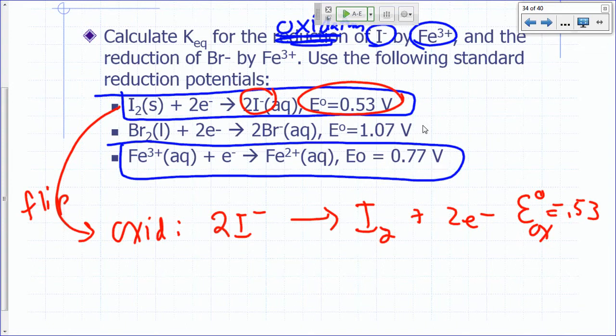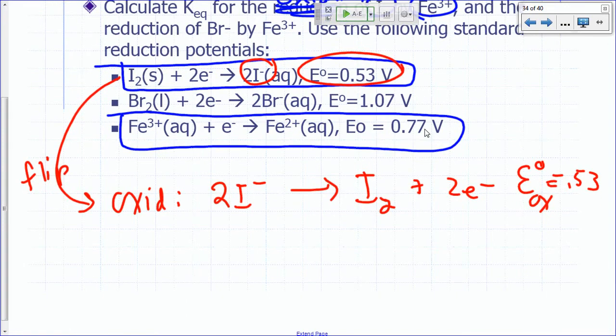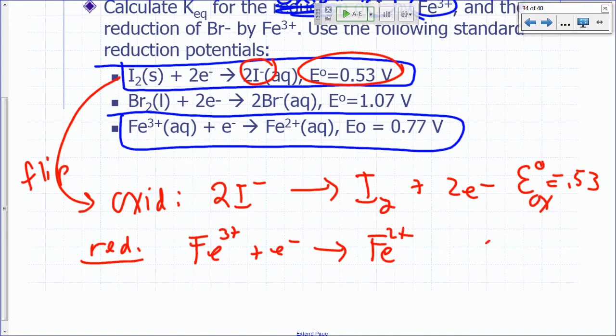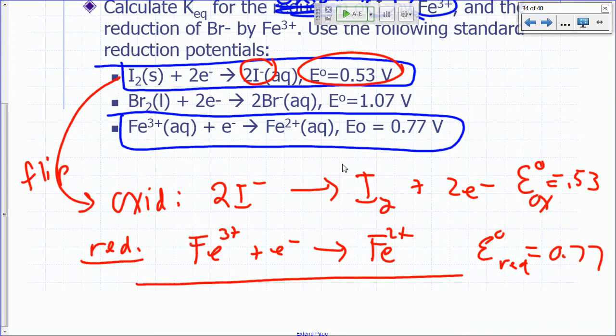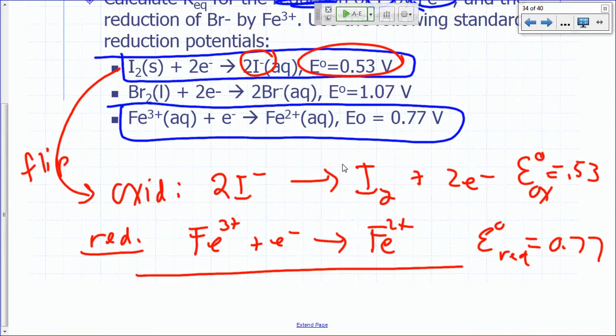Now, what happens when you do iron? You still have your iron for your reduction. Iron plus 3 plus electron gives you iron plus 2, and the standard reduction potential for that is 0.77. So what do I need to do to get the overall reaction? To get the balanced overall reaction, electrons lost must equal electrons gained.